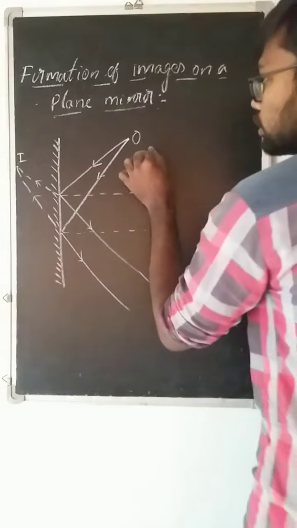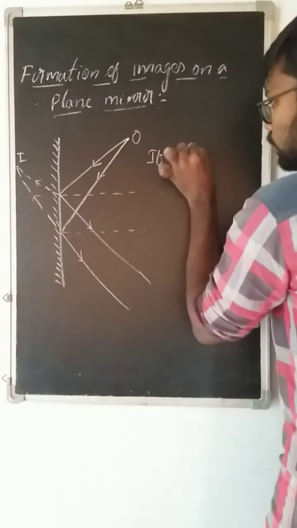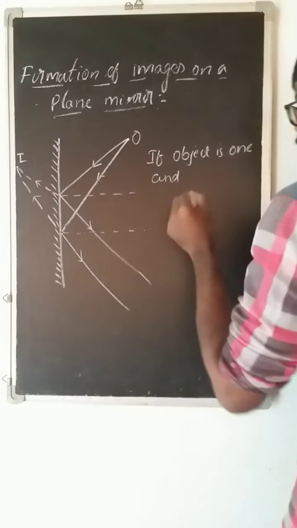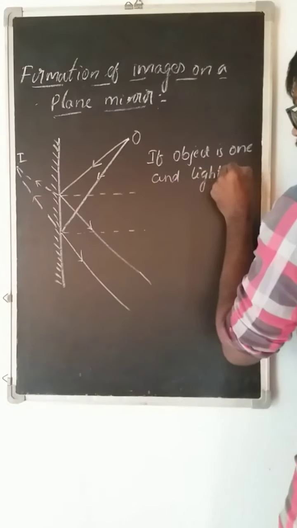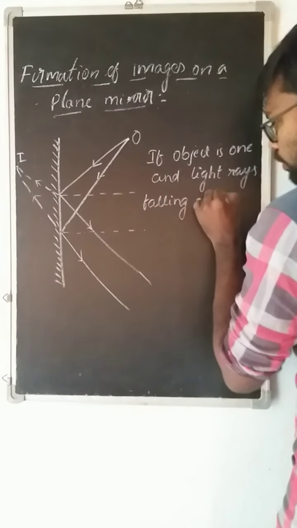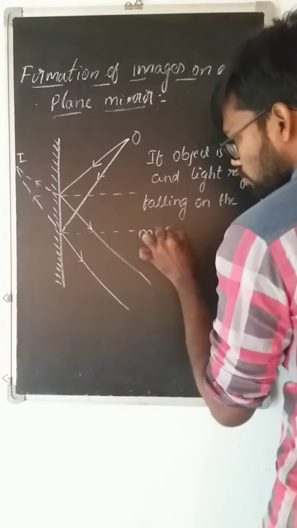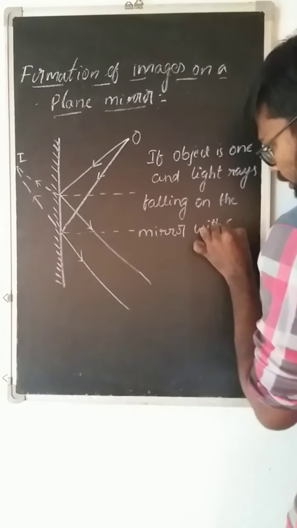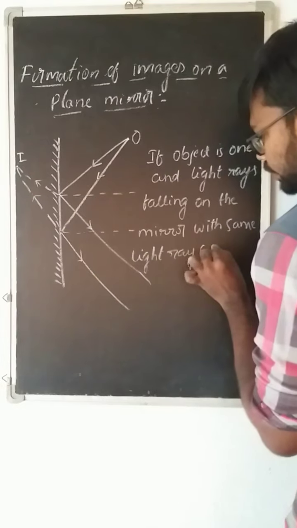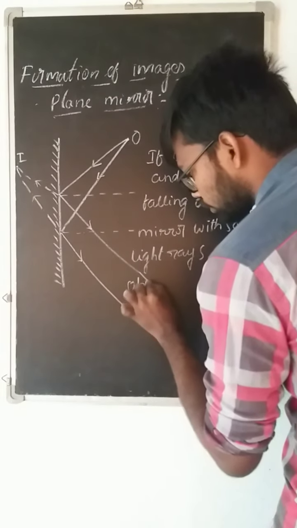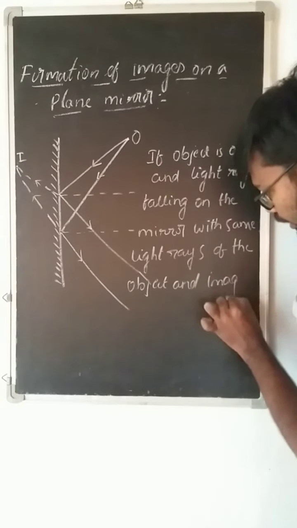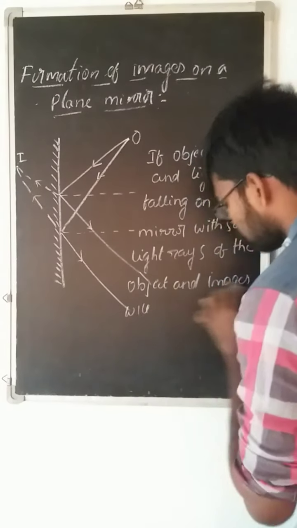Now, if the object is one and light rays are falling on the mirror with the same light rays of the object and image only.